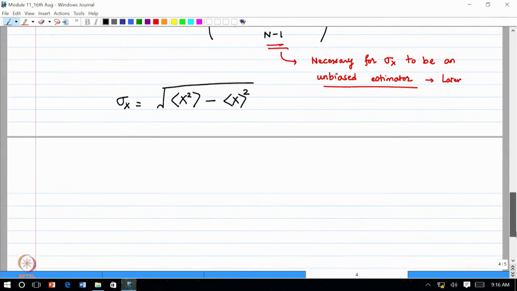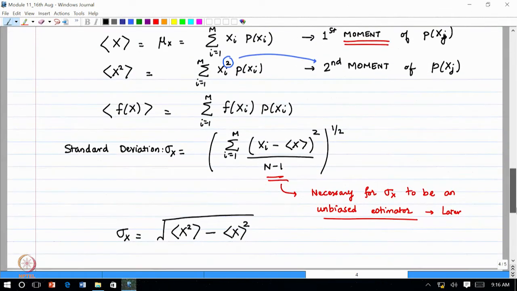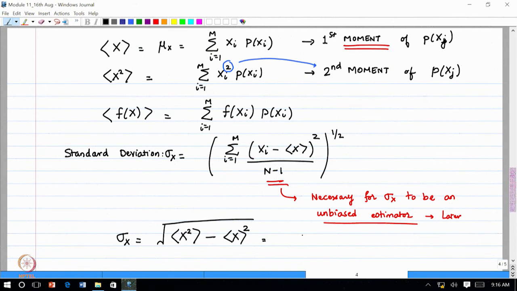So, I can also write this as the second moment of x minus the first moment of x squared, and in some terminology this is referred to as the second cumulant.